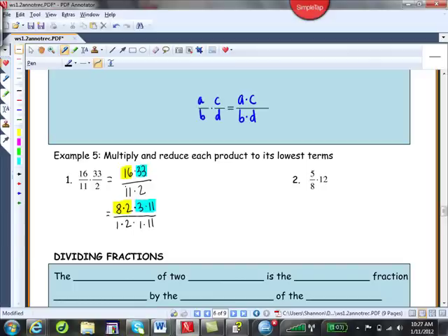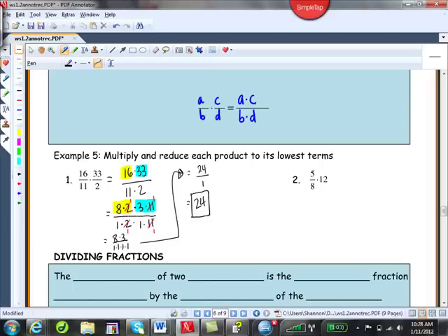And notice what happens. Beautiful things. 2 goes into itself one time in each the denominator and numerator, and 11 will divide out. And at the end of the day, we will get 8 times 3 over 1 times 1 times 1 times 1, which of course is just 24 over 1. 24 divided by 1, well, there's 24 ones in 24, so our end result is 24.